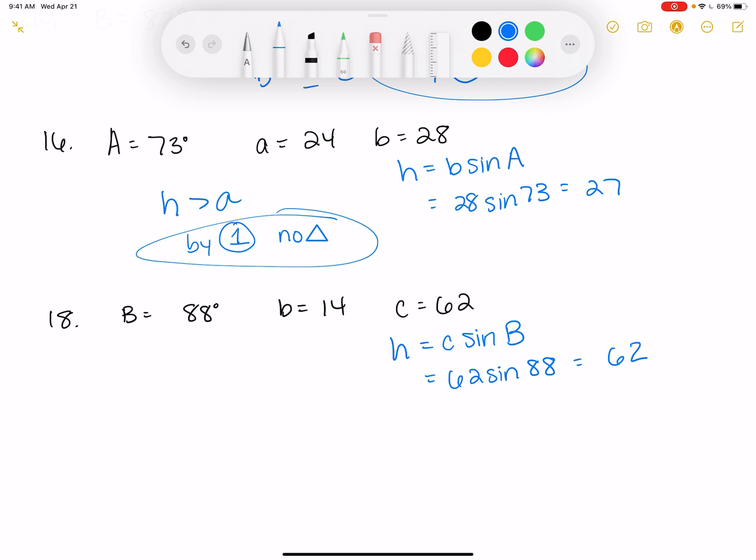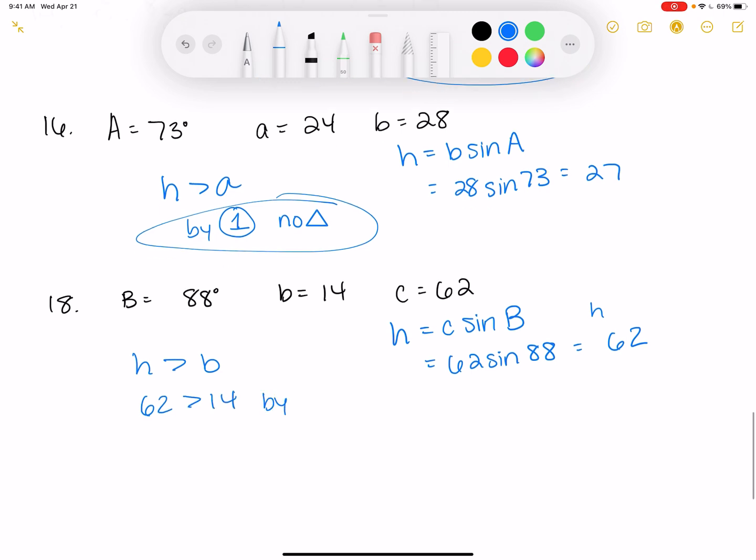What is scenario 2? It's no triangle. This is H, right? So H is greater than b, right? 62 is greater than 14. So by scenario 1, we have no triangle again.